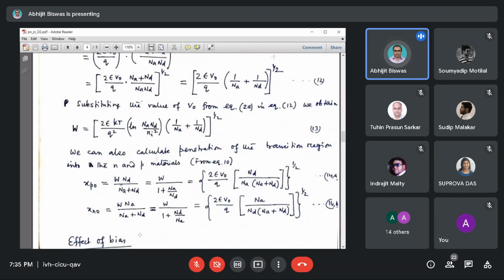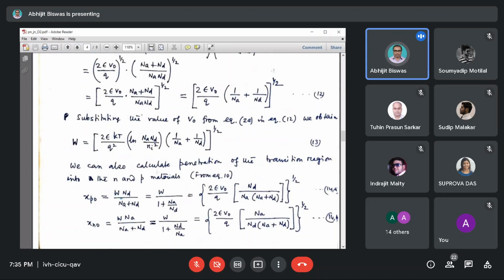And separately you can also find XP0 and XN0 by knowing the value of W. Even if you do not know the value of W, you can compute it with the knowledge of V0, NA and ND. So I think you only need to remember equation number 12. Otherwise, you need not remember all these equations. It can be derived simply.